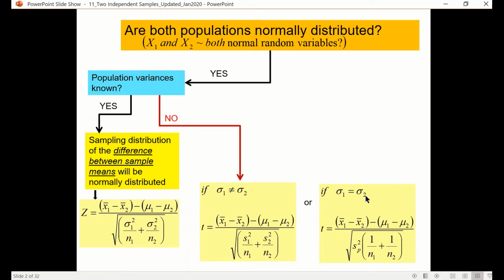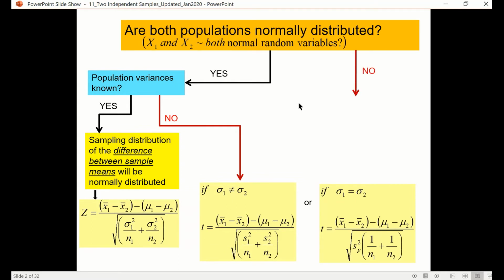But when the population variances are assumed to be equal, then it is x bar 1 minus x bar 2 minus (mu1 minus mu2), divided by the square root of sp squared, where sp squared is the common variance, called the pooled variance, multiplied by 1 over n1 plus 1 over n2. So these are the three types of choices that we have depending on the situation.